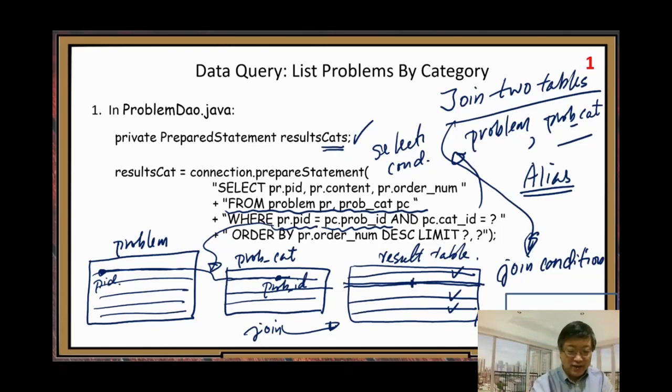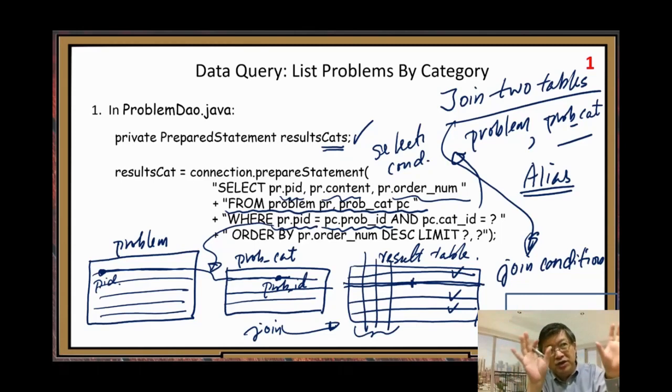All right. So, after that, you do not need to have all the fields, right? So here we only need these three fields: PID, content, order number. So you only take those three out and display. For other parts, you understand as usual.